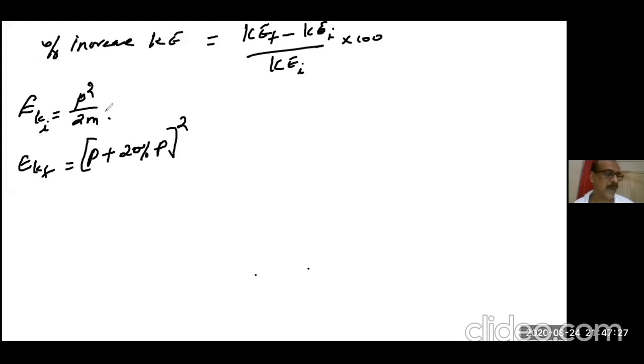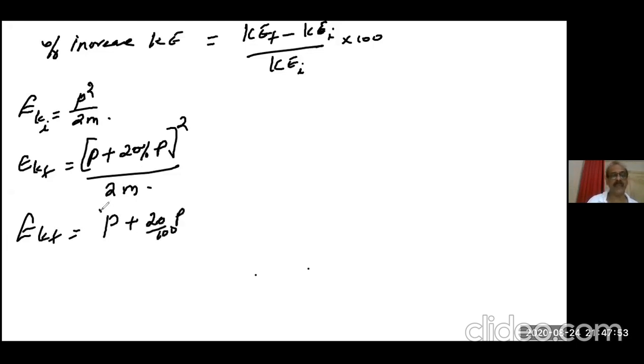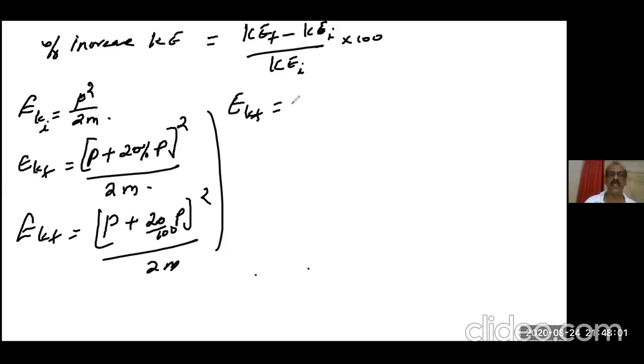The linear momentum of a body increases by 20%, that means initially it was P. Now EKF is equal to P plus 20 by 100 of P, whole squared, divided by 2m.